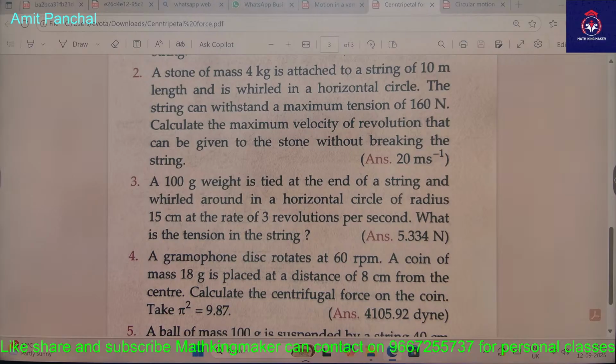In mathematics, if you're able to draw a diagram, that means 60-70% of the question is solved. Then only you will understand what force is in which direction. That is necessary.